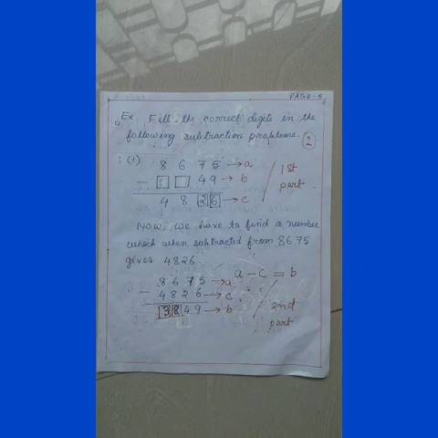Now we have to find a number which, when subtracted from 8675, gives 4826. So what I have to do? I have to subtract 4826 from 8675.